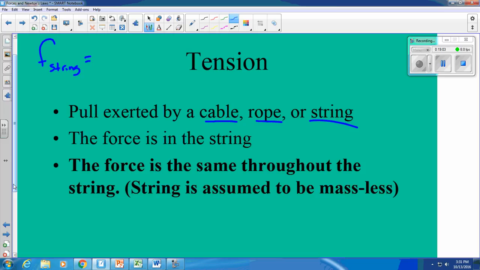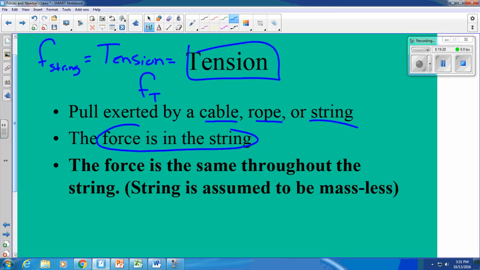You might also see them write tension, or the book might also write the force of tension. Kind of depends on what chapter you're reading through or how the problem's laid out. But we should know that tension is just the force in the string.